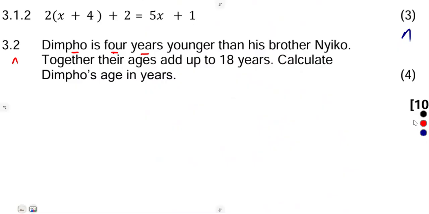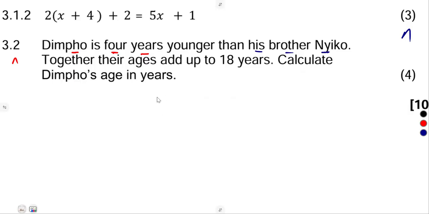You can work with the comparison of Dimpo to his brother, because you're told that he's 4 years younger than his brother, which is Nico.